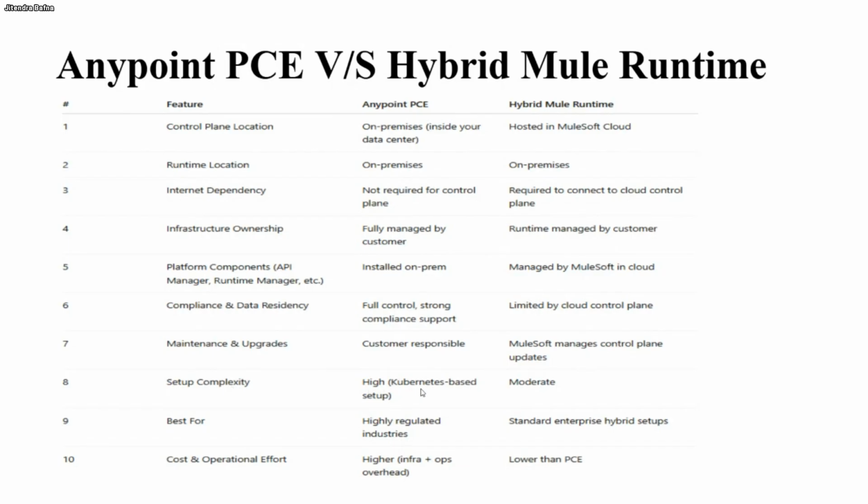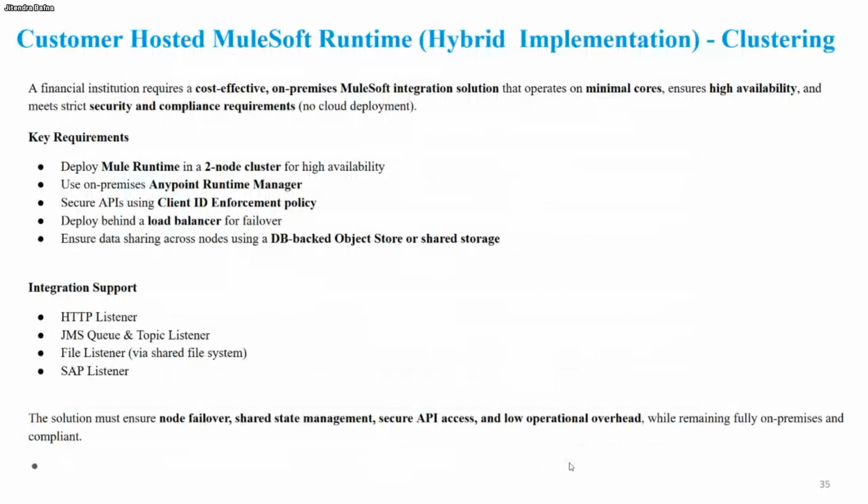Setup complexity is on the higher side, whereas it's moderate for hybrid Mule runtime. PCE is best for highly regulated industries, and hybrid is best for a standard enterprise hybrid setup. Cost and operational effort is higher for PCE, infrastructure plus operational overall. For hybrid it is very much lower than PCE. Basically, you just have to do the configuration. You don't have to worry about the underlying infrastructure or hardware. It will be taken care of by MuleSoft.